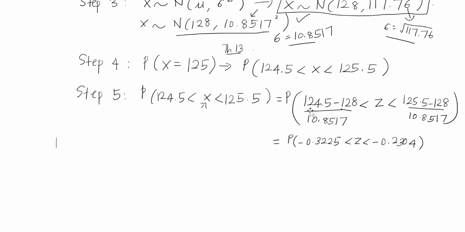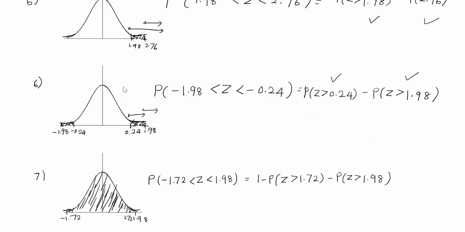So after we calculate, we will get this. We cannot get this answer directly from the table, so you must refer to our formula. We have negative 0.3225 Z and also negative 0.2304.